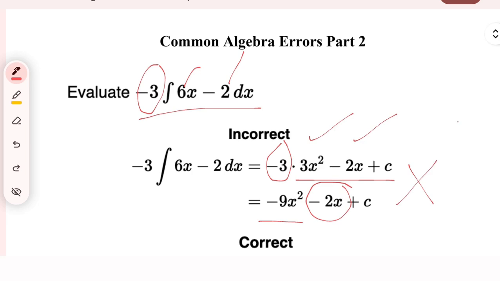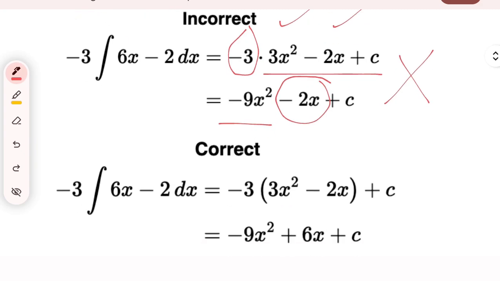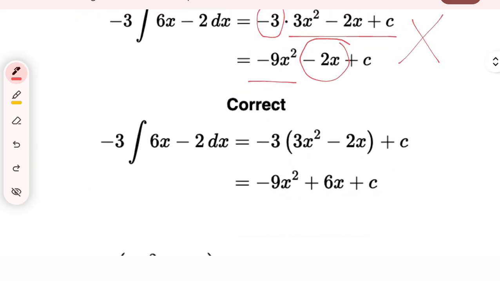All right. So the correct way should have been like this. You need to multiply -3 to what is inside the integral, which is 3x squared minus 2x. In that case, it will give you -9x squared plus 6x plus c. So this one is the correct answer.